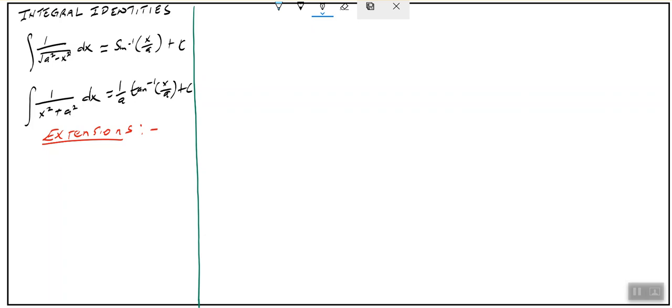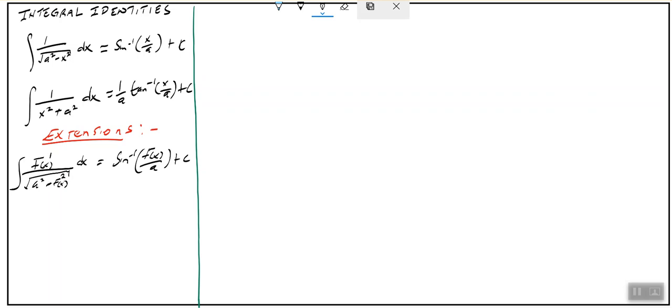For the first one, if you have the integral of f prime of x divided by the square root of a squared minus f of x squared dx, then the result will be sine inverse of f of x divided by a, plus c.